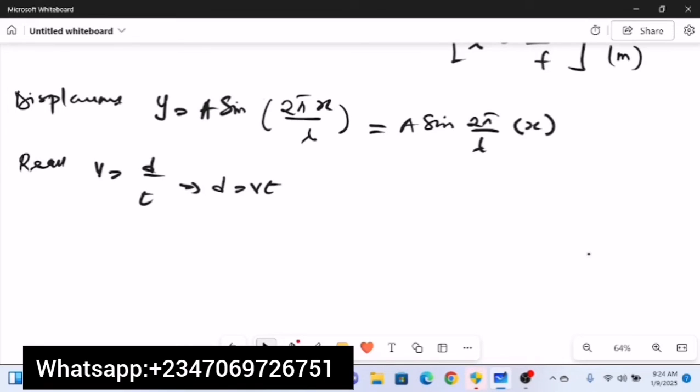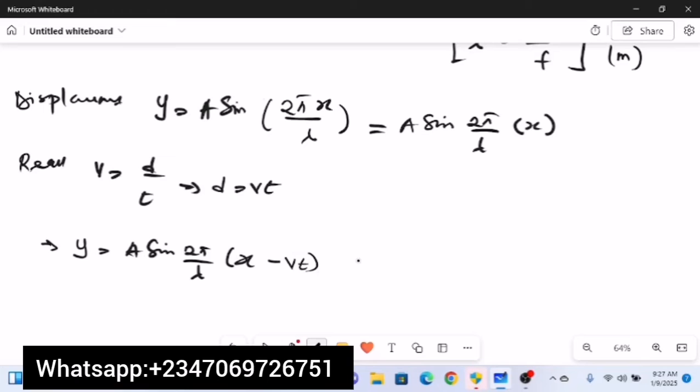So when you consider the motion of a wave at a given point in time, then our sine wave equation for displacement becomes A sine of 2 pi all over lambda, now multiplied by the horizontal displacement x minus velocity times time, which is now the distance covered by the wave you're considering.